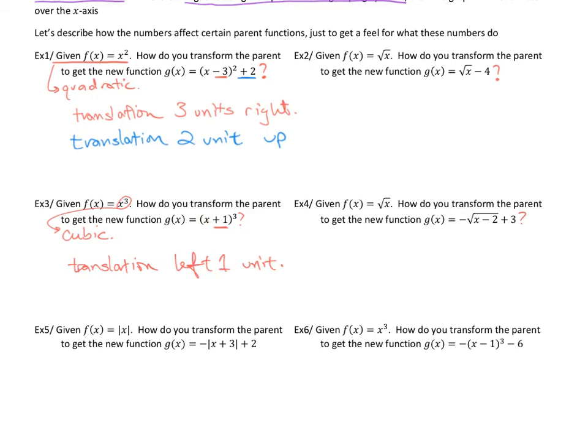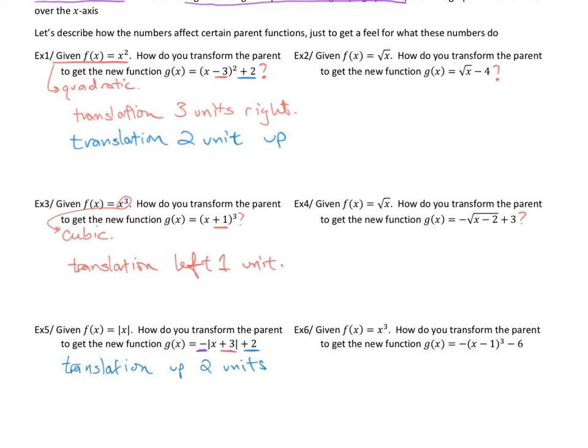Now in this last example, we have three things to describe. The first one is kind of just hanging out here in front. So there's a negative. Here we have a +3, and out back there's a +2. We've already talked about that before. We already know that that is a translation up 2 units. We talked about that up here in example 1.